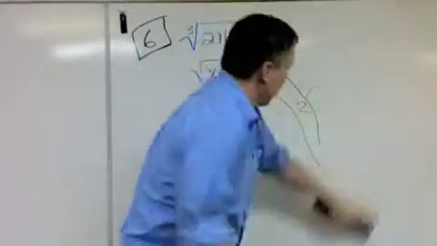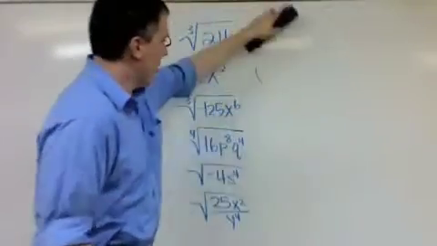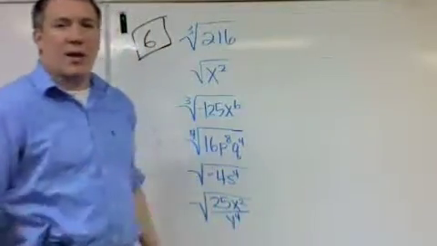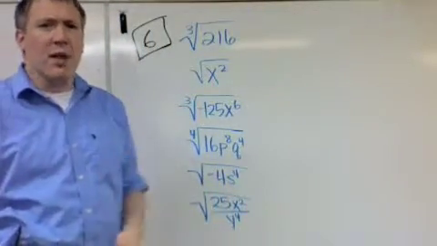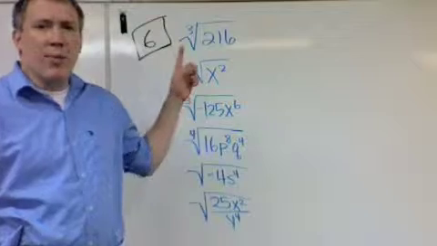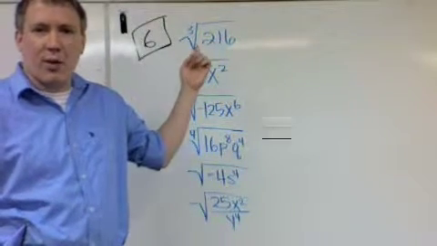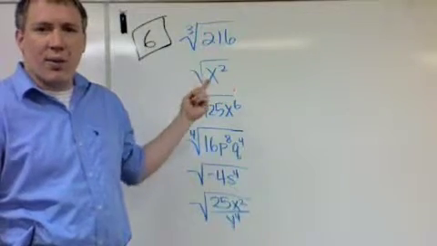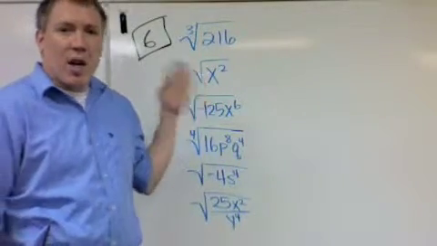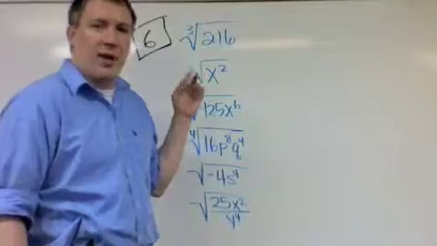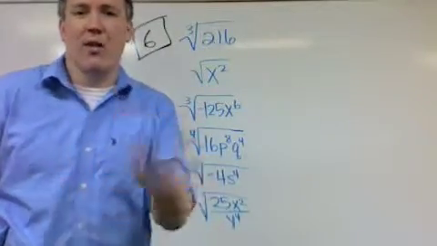Okay. Let's move on to ones with letters in them. Here I have the square root of x squared. Now the first thing I want you to understand, the cube root says what number times itself 3 times is equal to this number. So we put a 3 there. On the square root, we don't put a number right there. The number that is assumed that is there is 2. What number times itself twice?